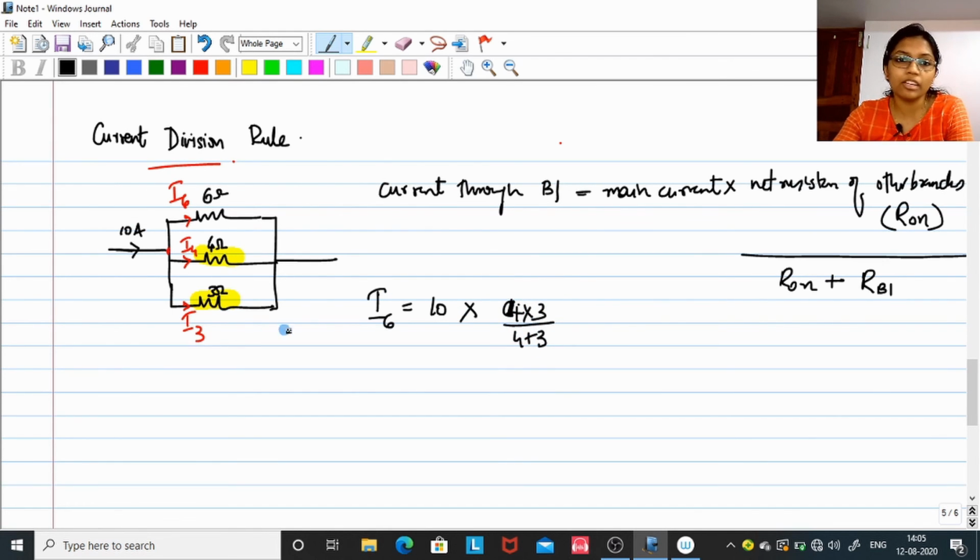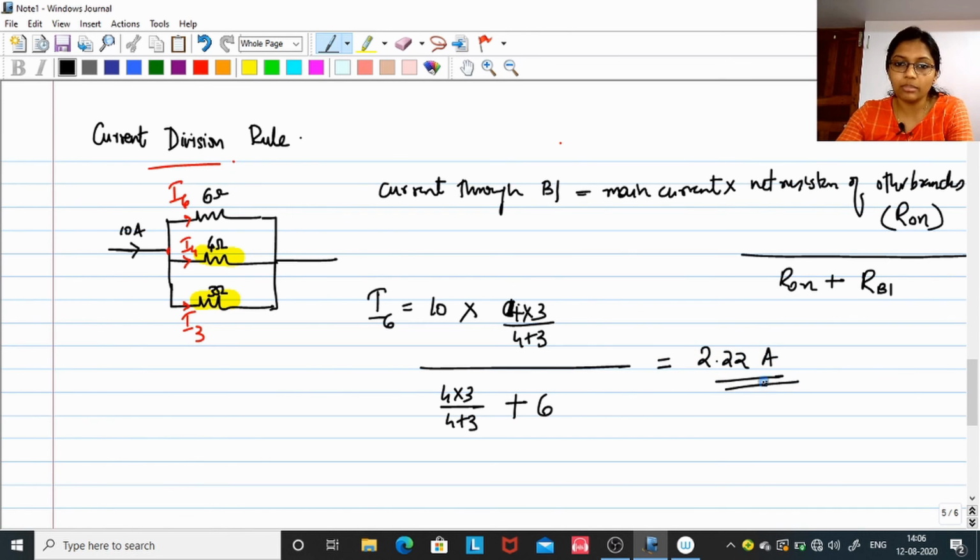Divided by the same value copied here, 4 into 3 by 4 plus 3, plus R_B1, the resistance of the branch being considered, which is 6 ohm. We are considering the first branch, so there we have the 6 ohm resistor, and the value comes up as 2.22 amps. You can simplify and find out.